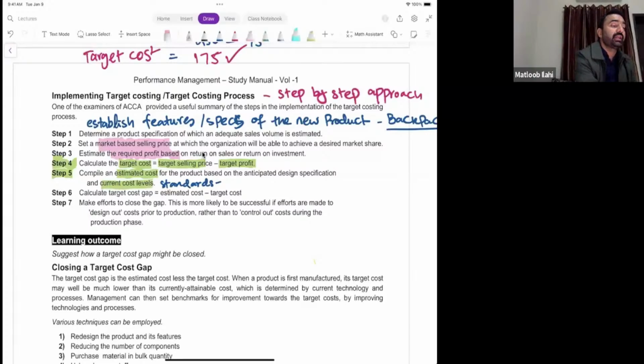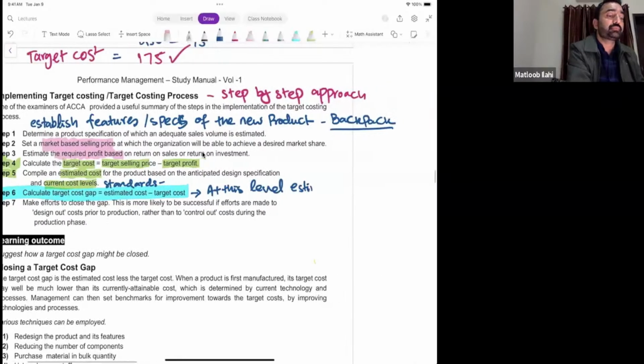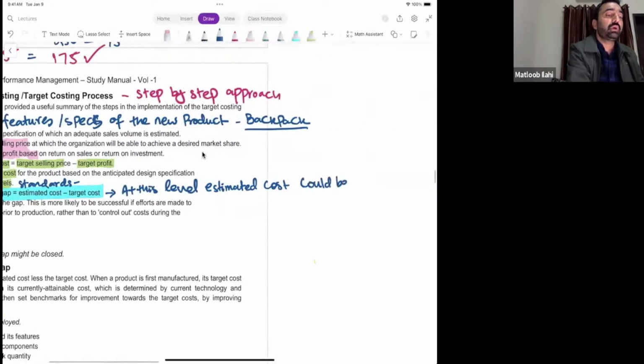to calculate an interesting thing, and this is called cost gap. You need to calculate target cost gap, and target cost gap is the difference between estimated cost and target cost. And keep in mind, your estimated cost could be higher than target cost.